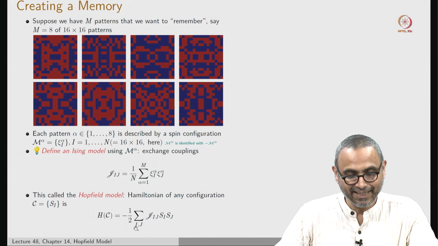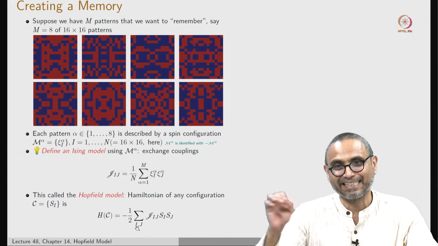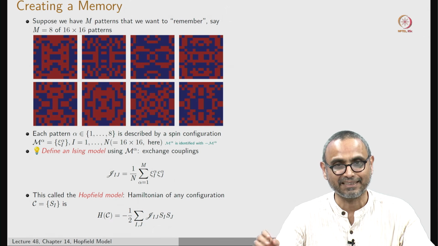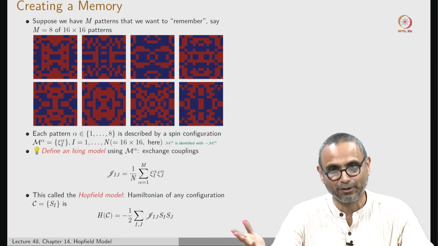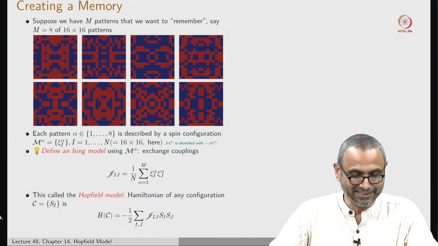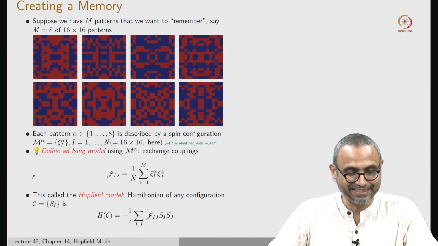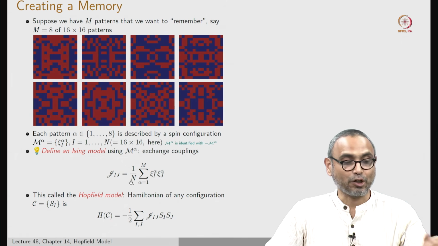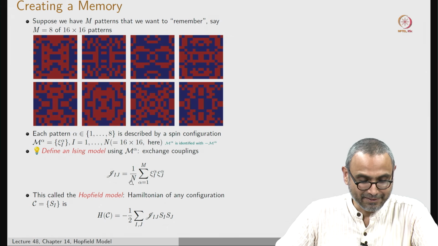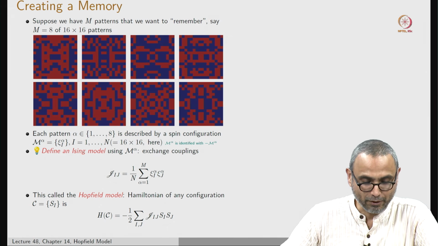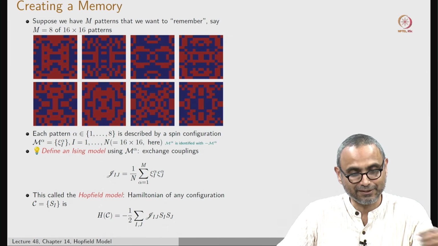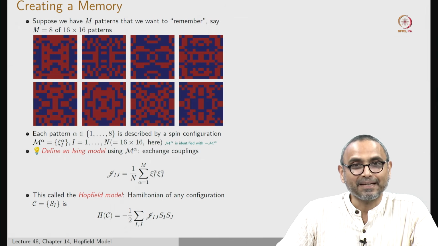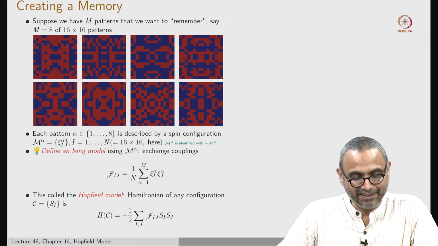Minus 1/2 because here I am running over unrestricted sums over i and j, we are not looking at nearest neighbor or anything like that, and we are letting i go from 1 to n, j go from 1 to n, and we just write this out, and this is the Hamiltonian. So this model is called the Hopfield model. It was extensively explored by Hopfield in the early stages of this field. Okay, so this is the idea.